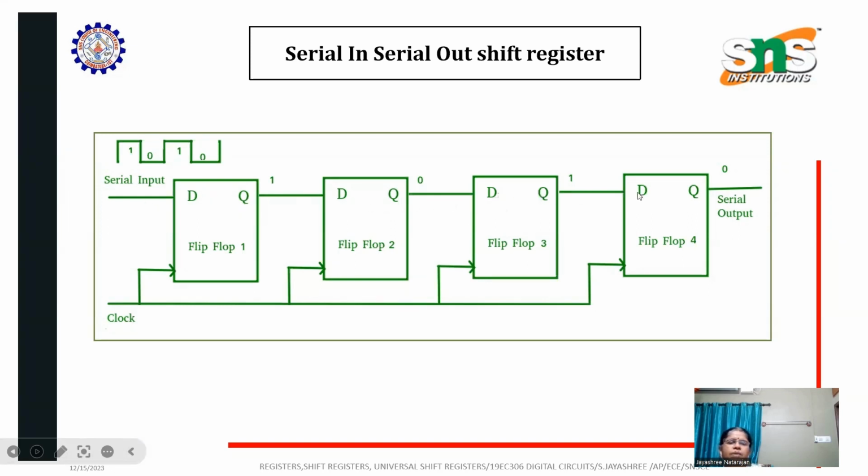The data input comes in serially, and we take the output from the last, fourth flip-flop. It is a single input, single output. This register is synchronous: the clock pulses are given together, so once a clock pulse is given, all the flip-flops shift the data to the right. This is the serial in, serial out shift register.